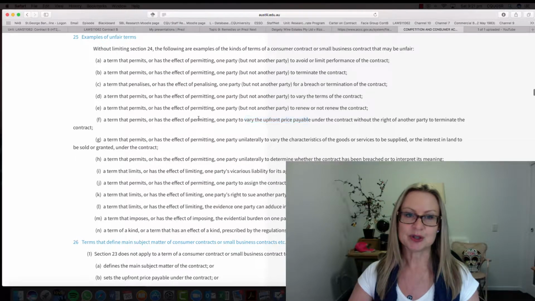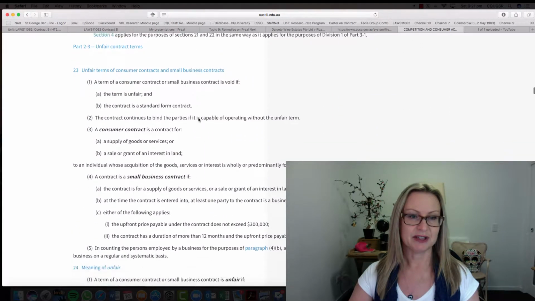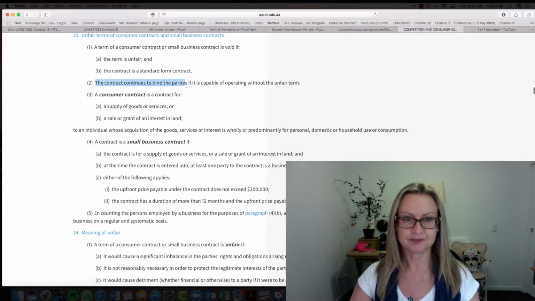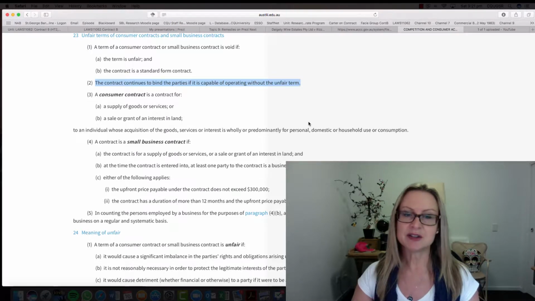Now, in order to work out what the effect of an unfair term in a standard form contract is, we look at section 23 sub 2. The contract continues to bind the parties if it is capable of operating without the unfair term.